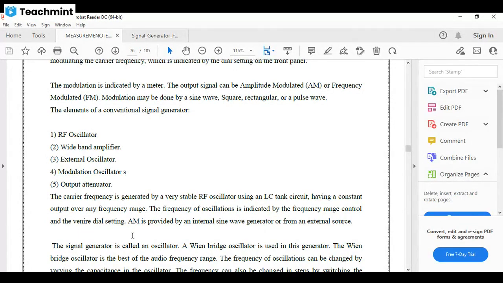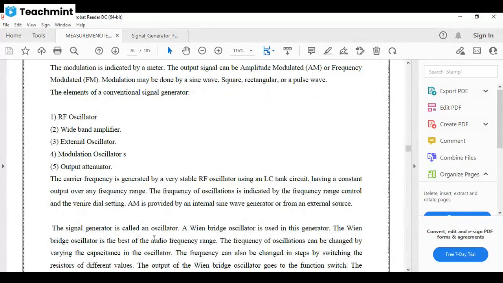The signal generator is also called an oscillator, and an Owen bridge oscillator is used in this generator. The Owen bridge oscillator is best for audio frequency.